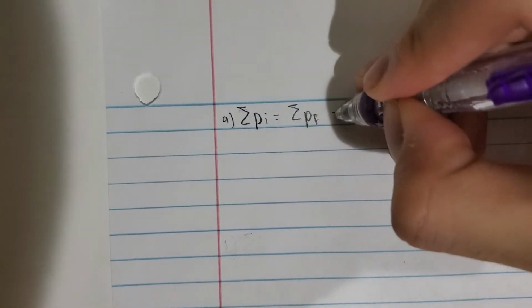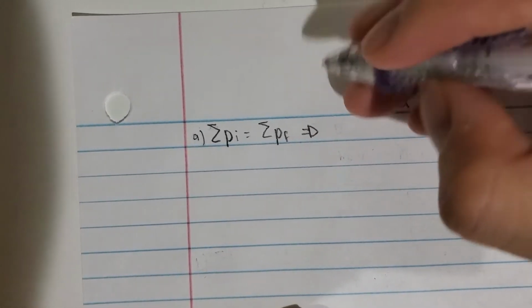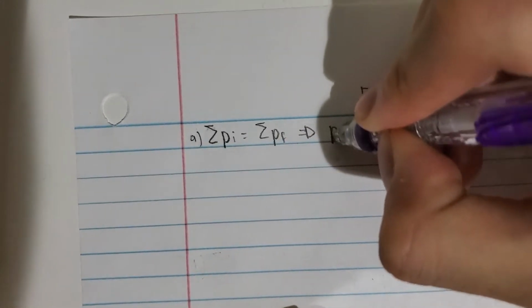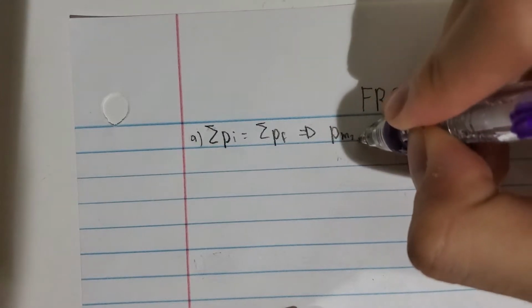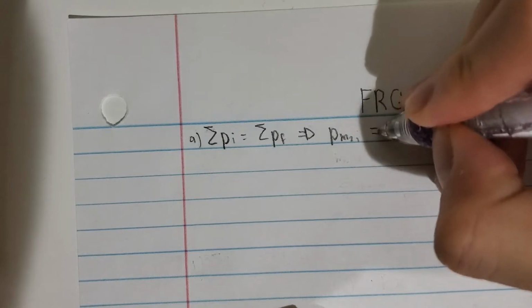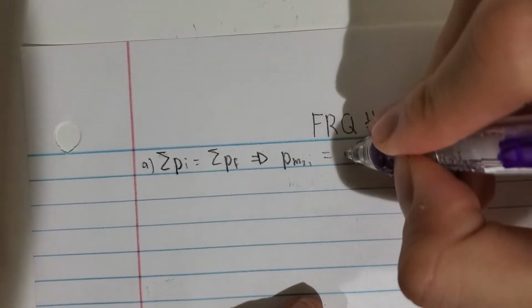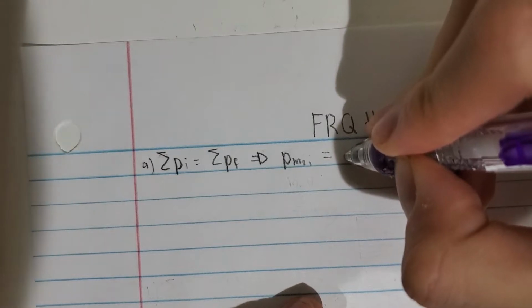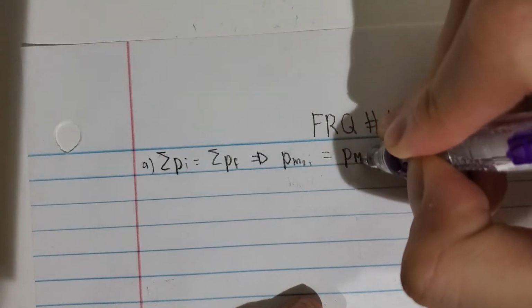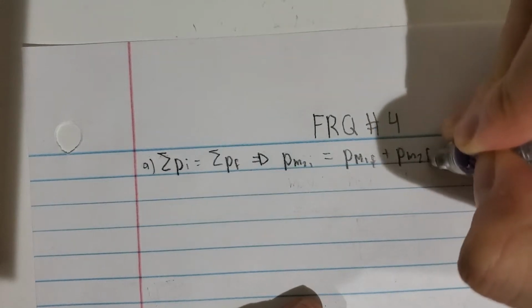For total linear momentum initial, we only have the linear momentum of m2 initial, because that's the only object moving initially. For the total linear momentum final, we have the linear momentum of m1 final plus the linear momentum of m2 final.